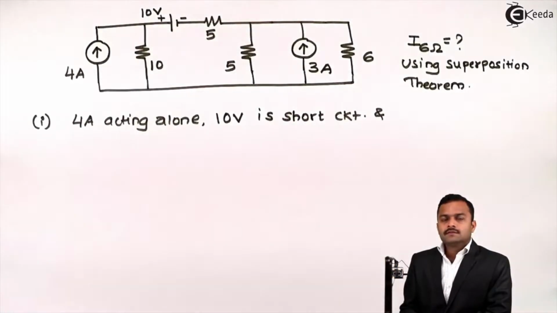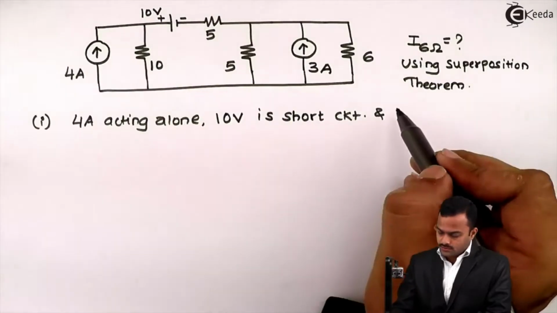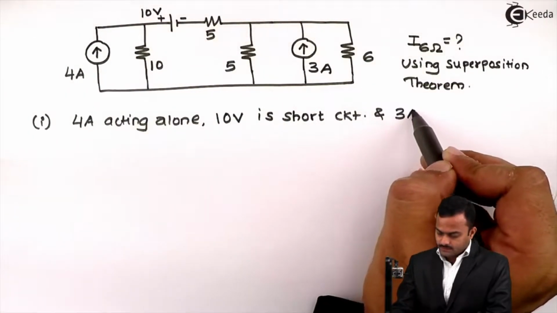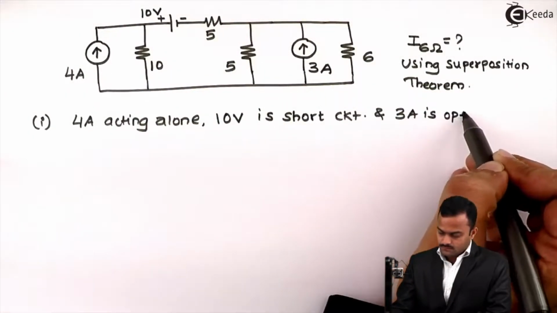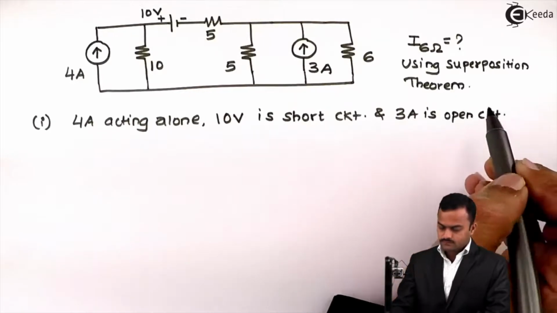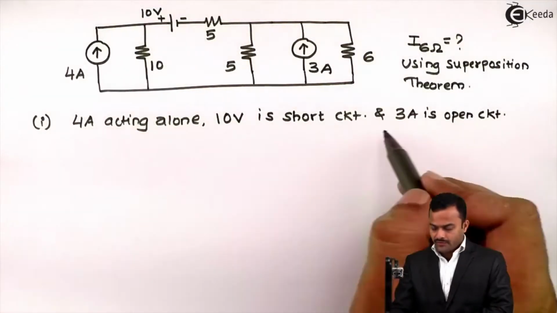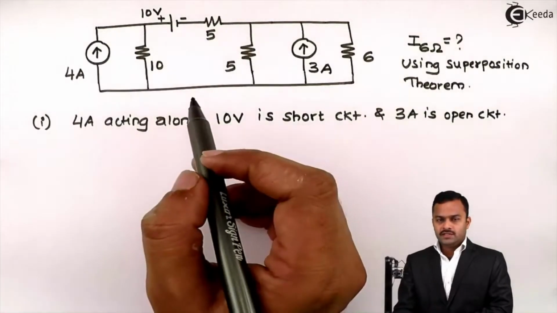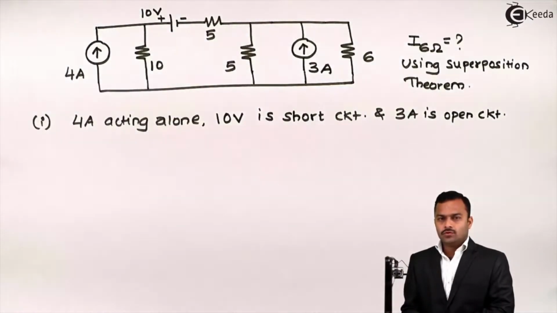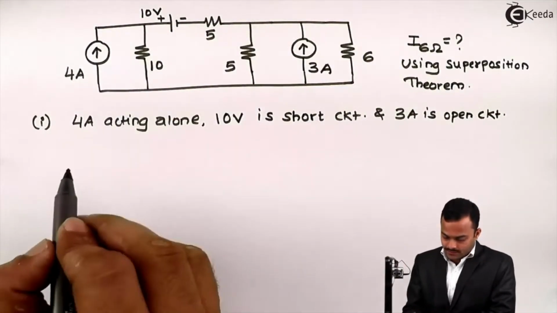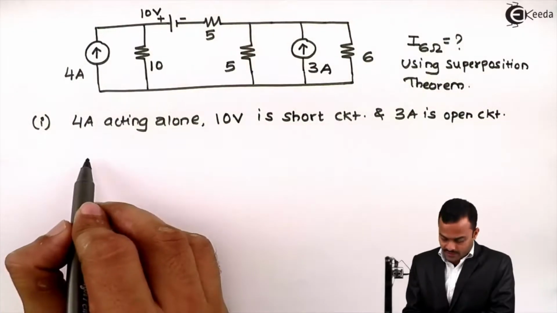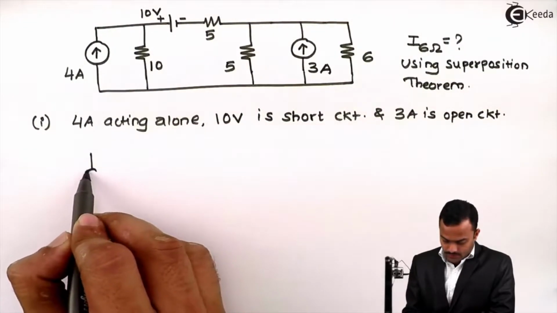And 3 ampere is a current source, we will open circuit it. So I have done a modification to the original circuit, so we need to redraw it. By considering these modifications, the circuit will look like this.